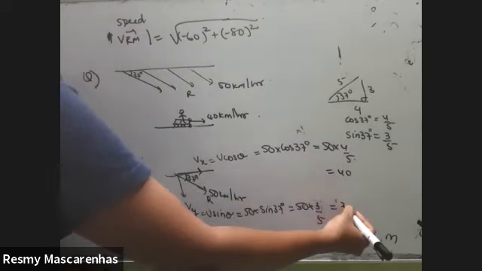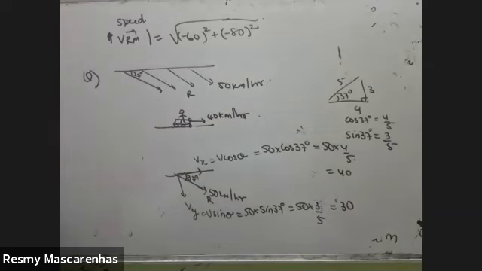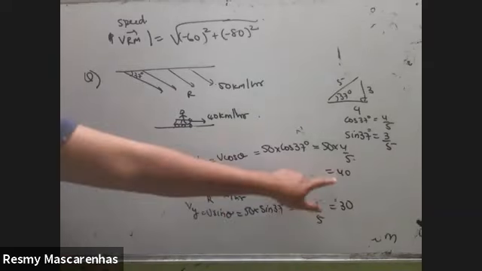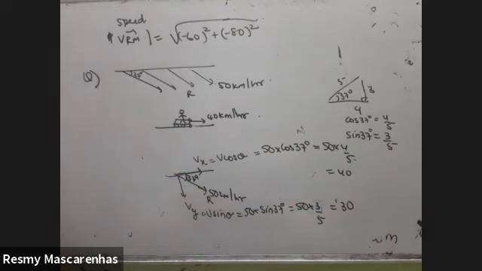This will be 40. This will be 30. So your horizontal component of the rain is 40 and the vertical component is 30. Now we'll write what is the velocity of rain with respect to ground.